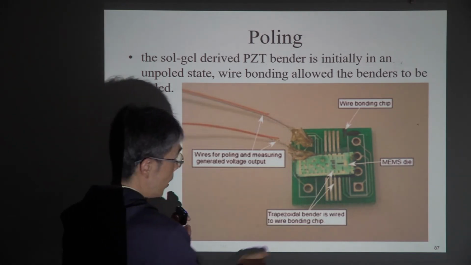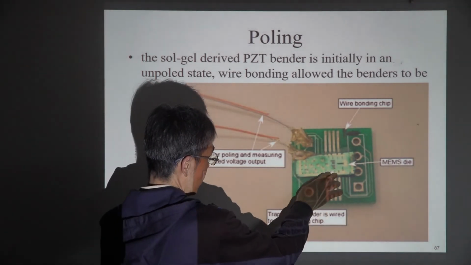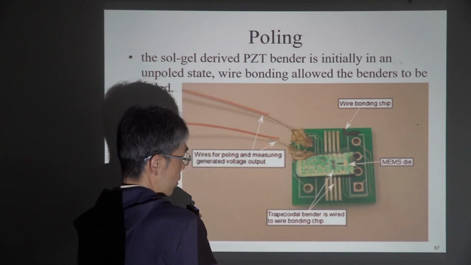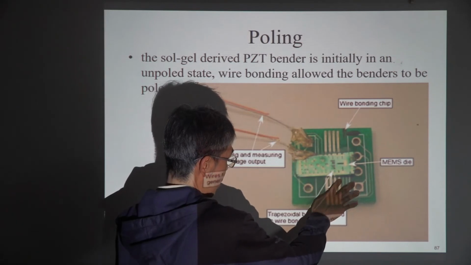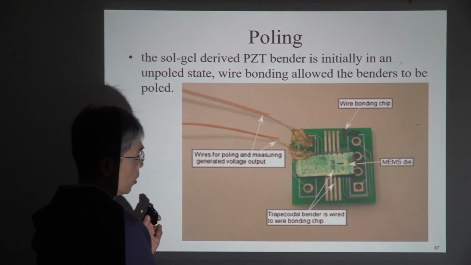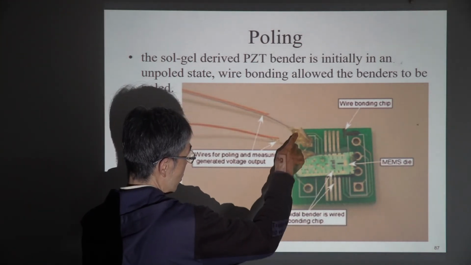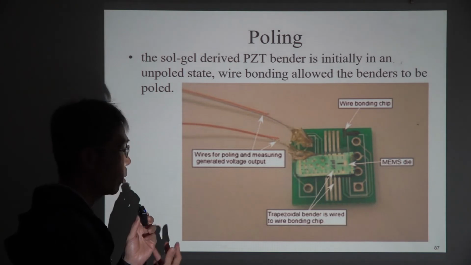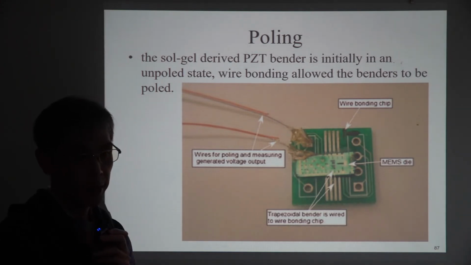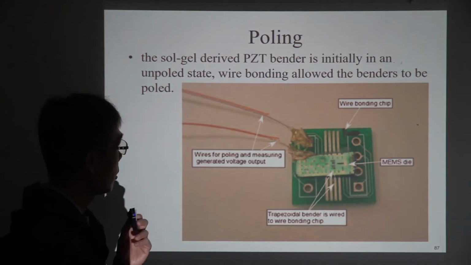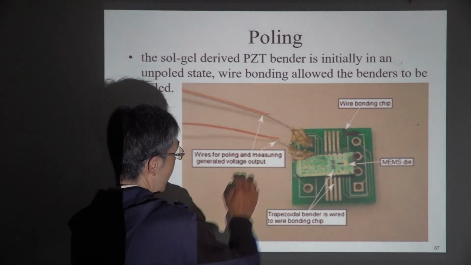We have wire bonding to connect the pads to the conduction pads on the PCB board. We also have two big wires for poling. Remember, poling requires high electric voltage. So see, the wires are large.